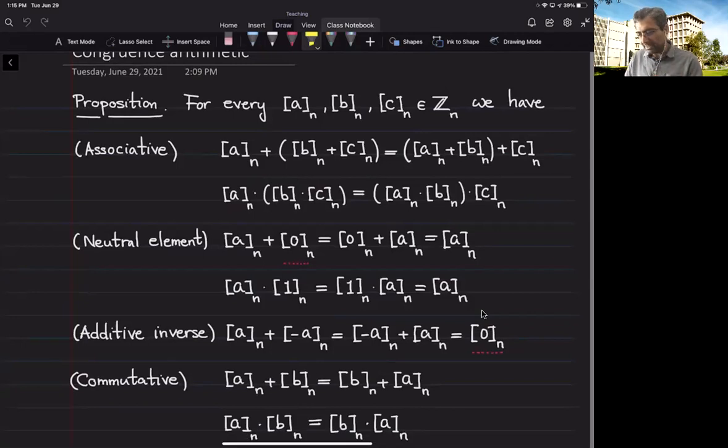To be more precise, if I want to add the residue class of A to the sum of two residue classes, I can first add the residue class of A to the first residue class that I've picked, and then add the result to the residue class of the third one. I can change the order of these operations, change the order of parentheses.